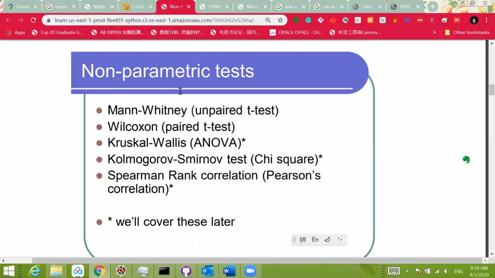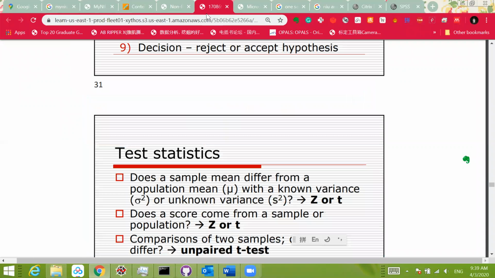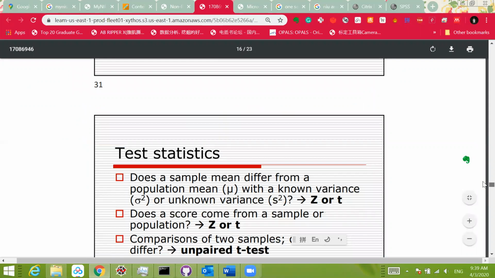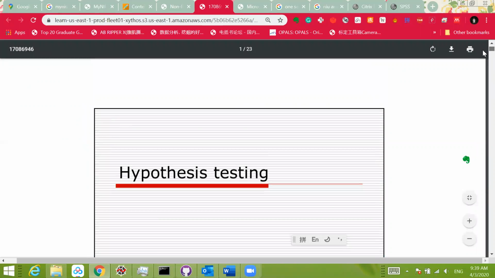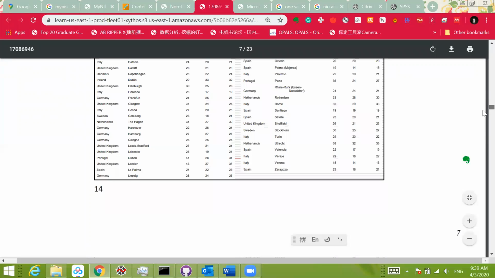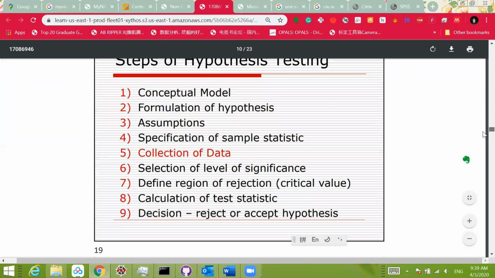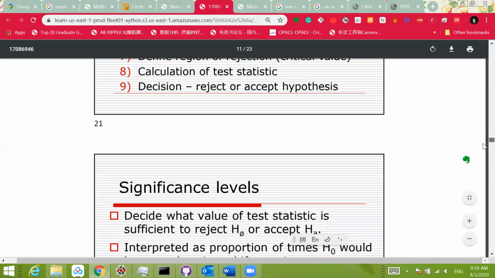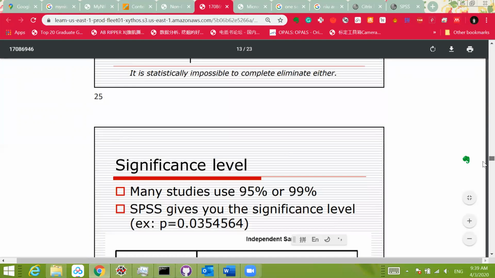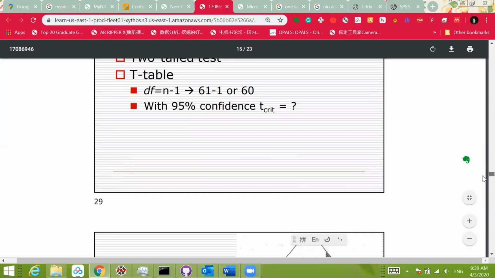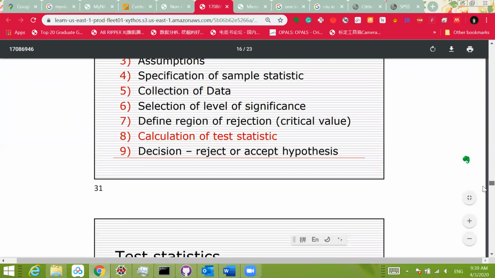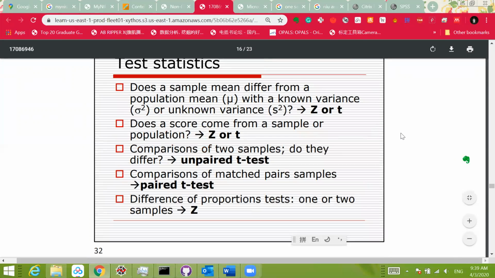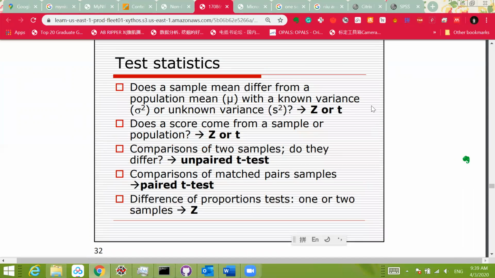So let's go to the previous lecture, I think that is the hypothesis testing slides, and in slide 31. No, 32 here in this slide. So what we have learned in the last week is the z-test, t-test, unpaired t-test, and paired t-test.